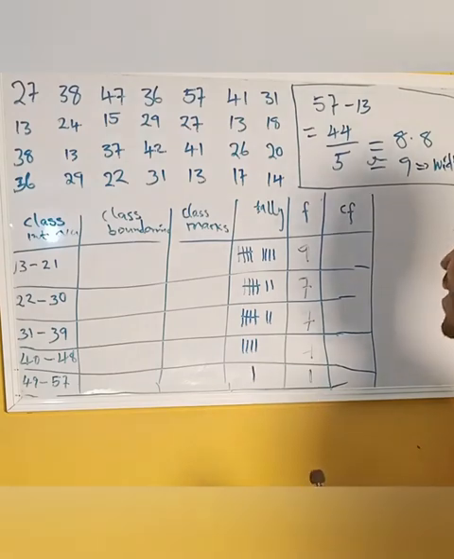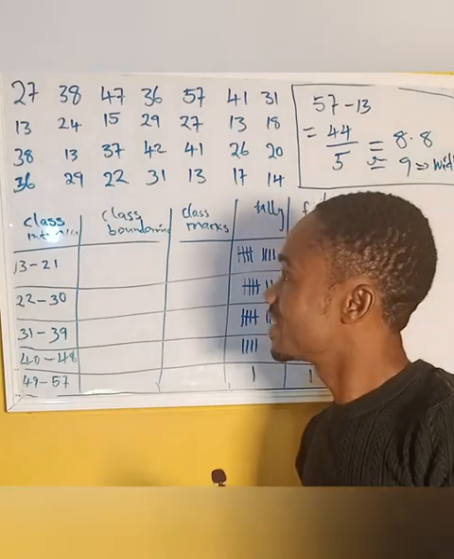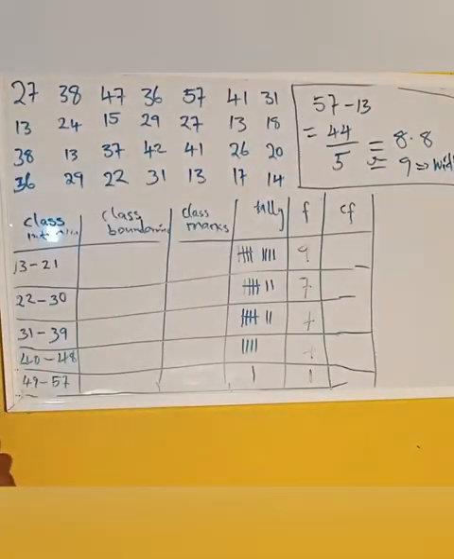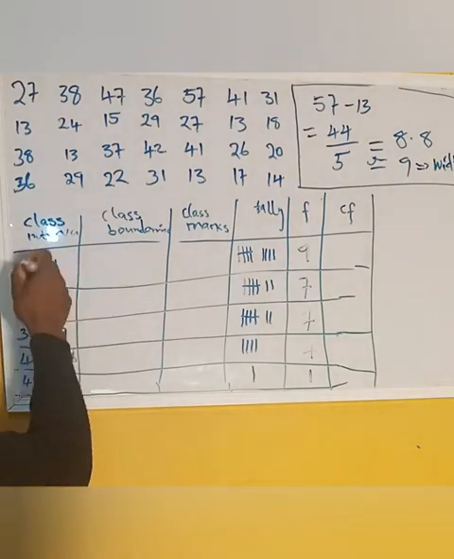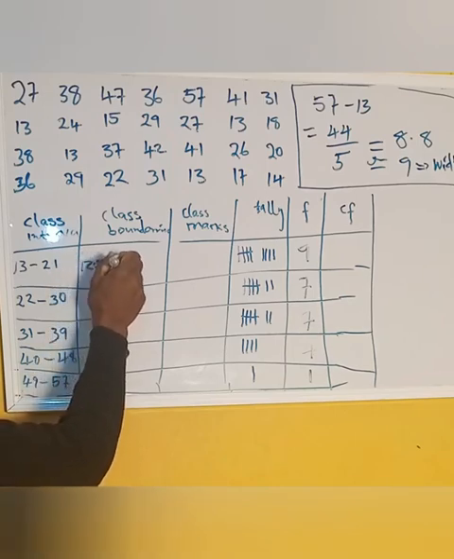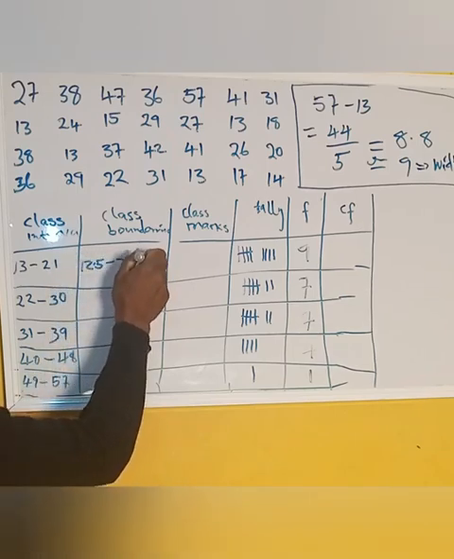Okay, how do we construct our class boundary? You construct this class boundary such as 12.5 to 21.5.